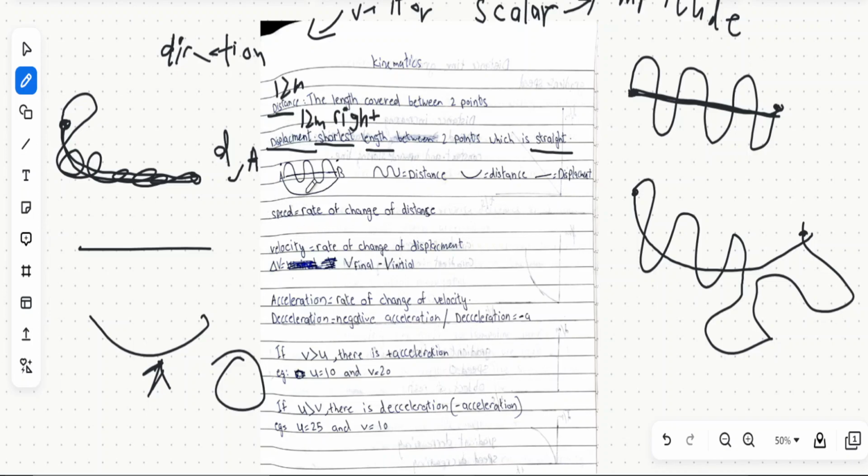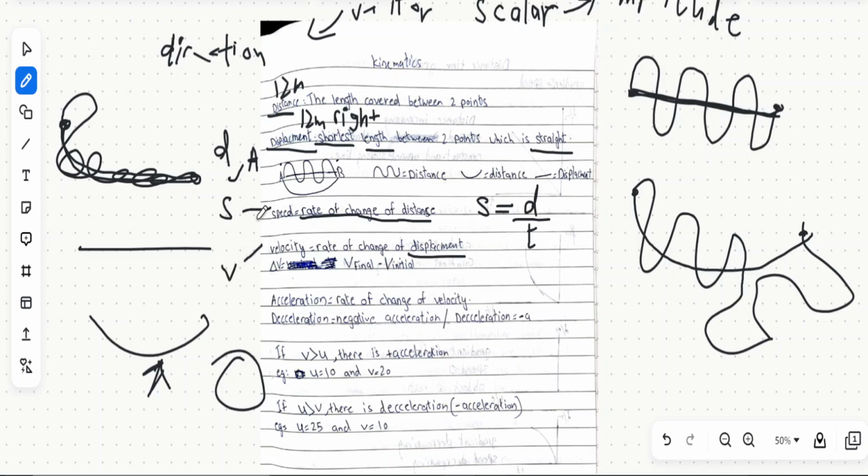So moving on with speed. Speed, remember, is the rate of change of distance. So the formula for speed, S, is my distance over time. Remember this. Rate basically means a change in something. So velocity is the rate of change of displacement, and velocity is a vector.